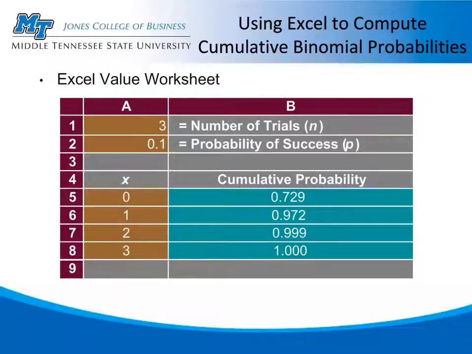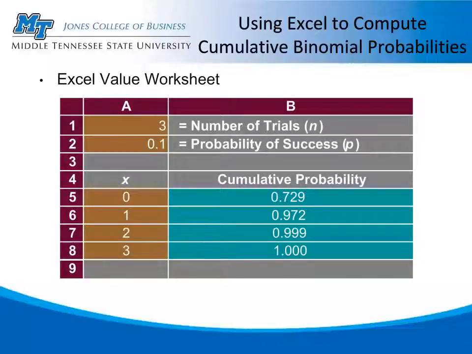And this slide shows the values for the cumulative function. The probability that the value of the variable is less than or equal to 0 is 0.729, which is the same probability of equaling 0. The probability that the value of the variable is less than or equal to 1, you take what the value is for 1 and you add it to the value for 0.